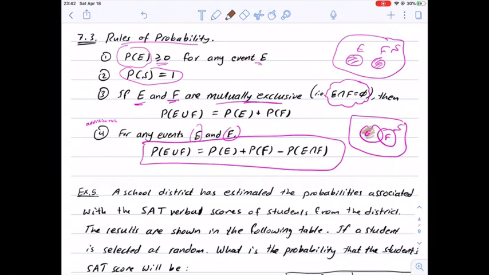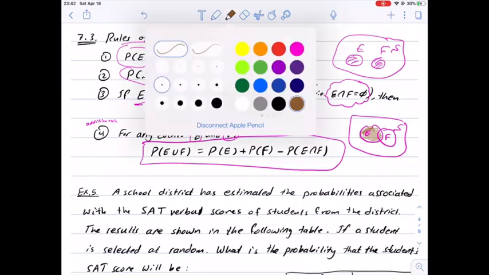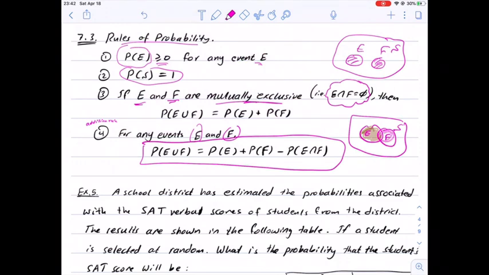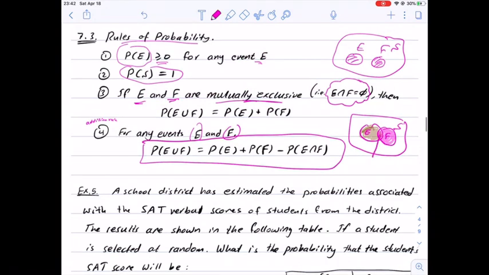So we find the probability of E first. This is the probability of E, this set, plus the probability of F. And as you can see, this region, the common region, is considered twice.